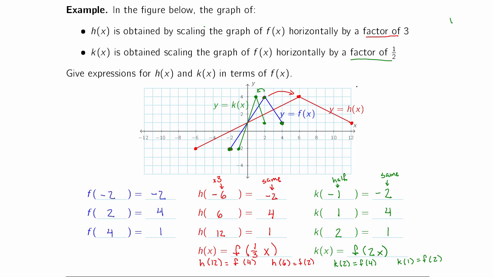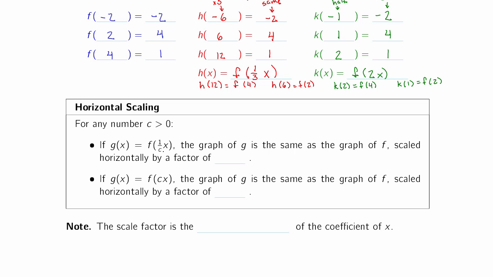Again, this is an opposite. Now we're not taking the opposite with regard to sign, which we did when we were doing addition. We're taking the reciprocal now that we're doing multiplication. If g is what we get when we multiply by 1 over c before we do f, then g is what we get if we scale f horizontally, not by 1 over c, but by c.